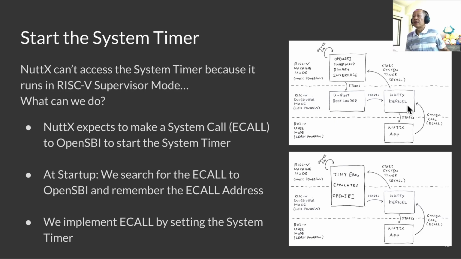That is why NuttX expects to call OpenSBI to start a system timer through an eCall system call that will jump to machine mode. To emulate OpenSBI, our modified TinyEMU will intercept the eCall made by NuttX and set the system timer for RISC-V machine mode.